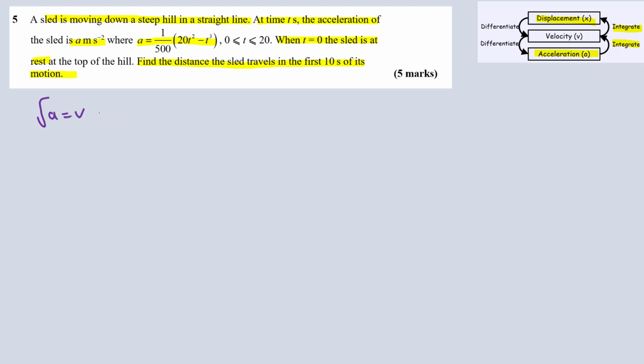Alright, now you can leave that outside the bracket and put it in later, the constant, but let's just do it all together so we don't make a mistake. That's over 500. Okay, so we're integrating that, minus t cubed over 500.